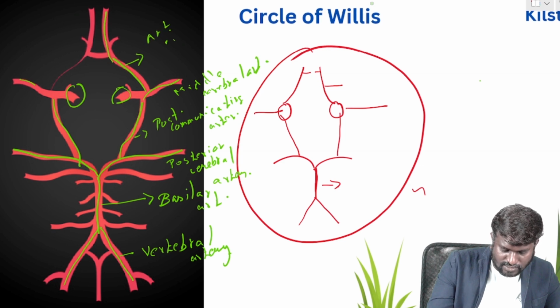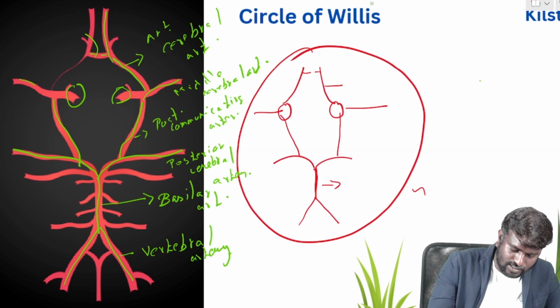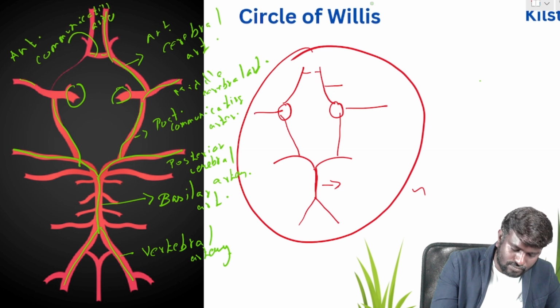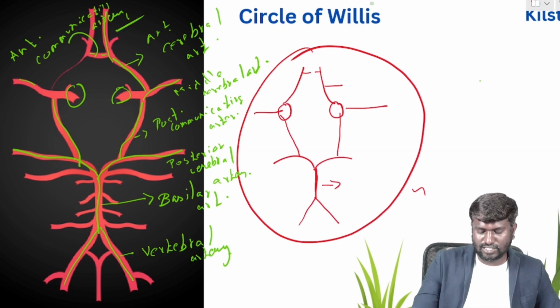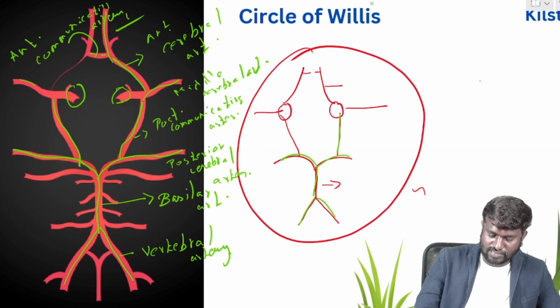Let me just write it out again, anterior cerebral artery, and this is going to be the anterior communicating artery. So these are the important arteries which are represented via this diagram. If you can remember this much, it is going to be more than enough.